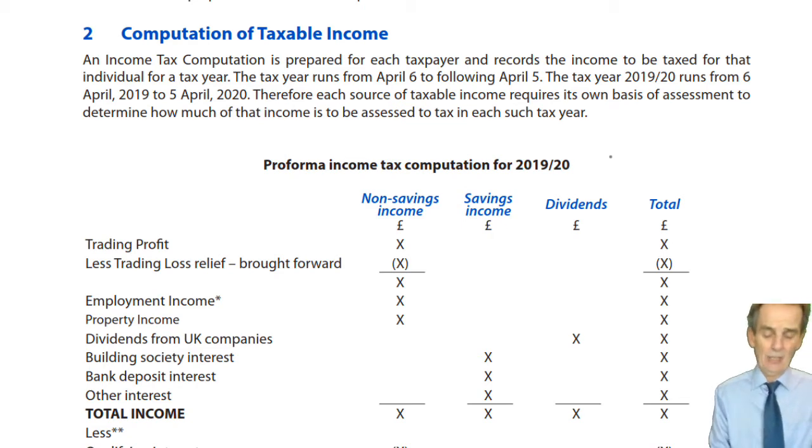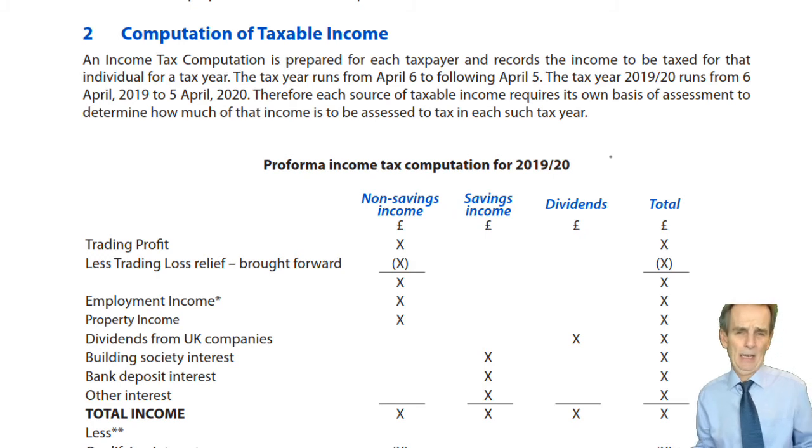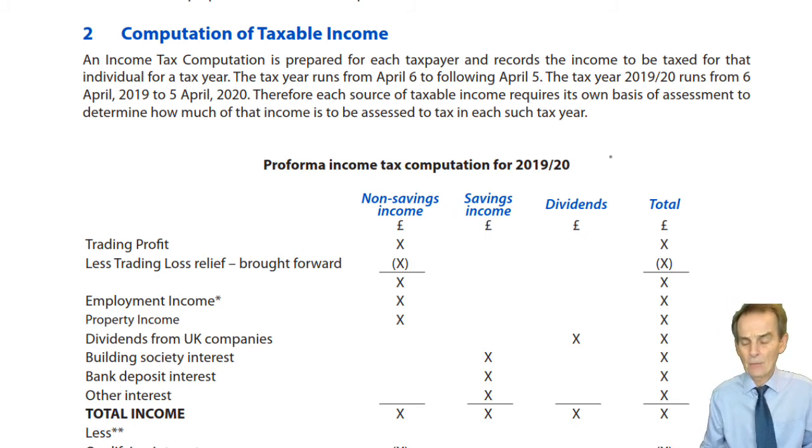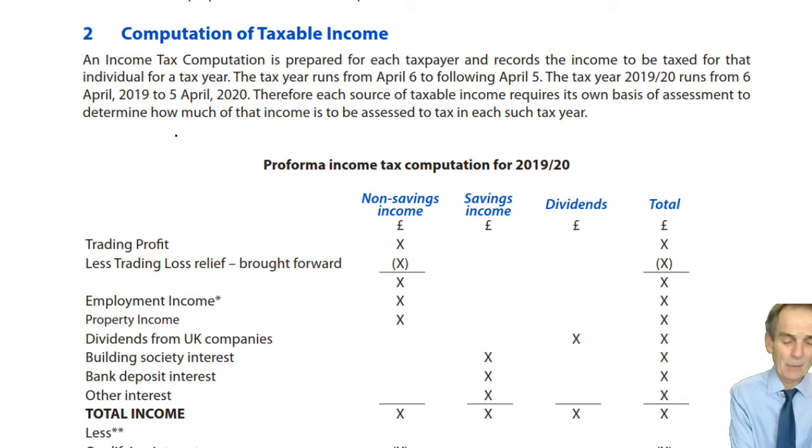Prepared for each taxpayer, and indeed each and every taxpayer has an income tax computation. From the day we're born, we exist separately and independently in terms of our taxes, and therefore each and every one of us will be required to prepare an income tax computation if, of course, we have taxable income. And it is prepared, as we said, for a tax year.